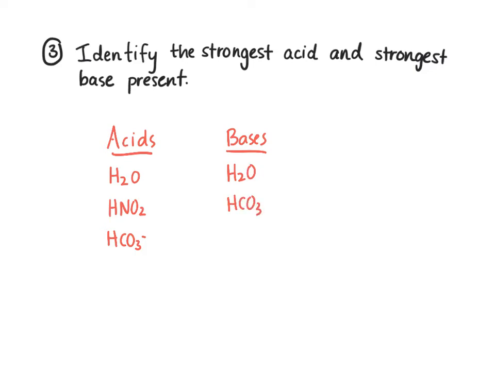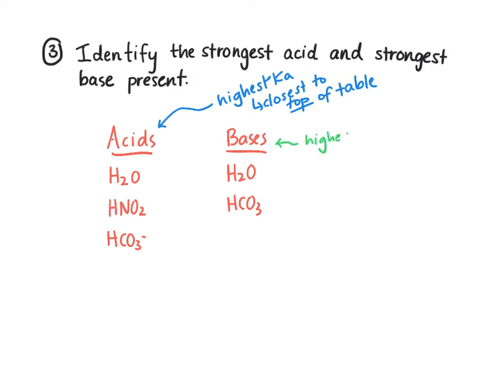The strongest acid is going to be the acid with the highest Ka value, closest to the top of the table. The strongest base is going to have the highest Kb value, and now Kb values aren't listed, so you're going to be looking closest to the bottom of the table in that base column.